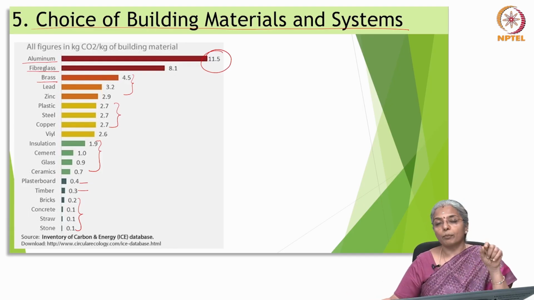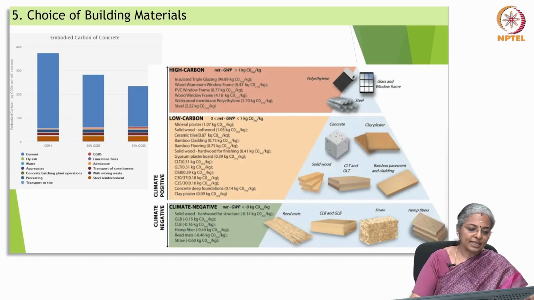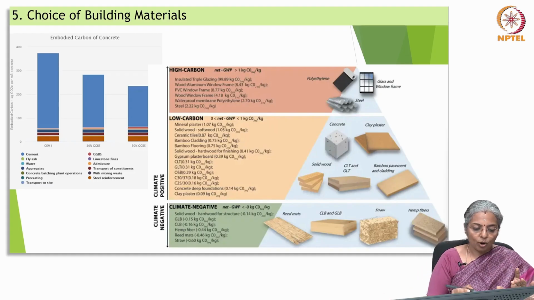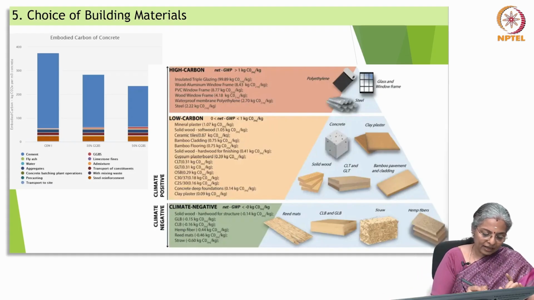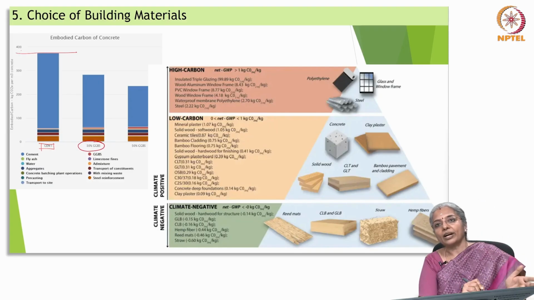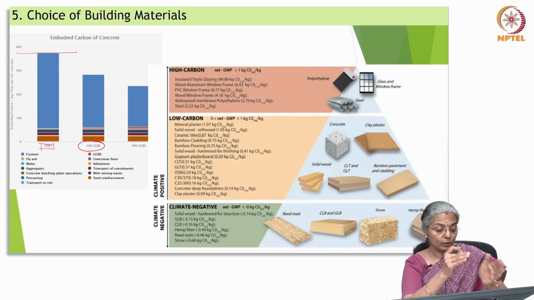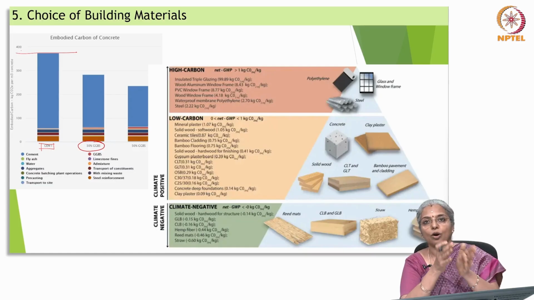So you should use appropriate building materials. By that I mean, if we look at the embodied carbon of concrete, and what happens when we use concrete in its conventional manner, the embodied energy is quite high. But if you mix 30% GGBS into that concrete, you are able to reduce the amount of carbon in the concrete.